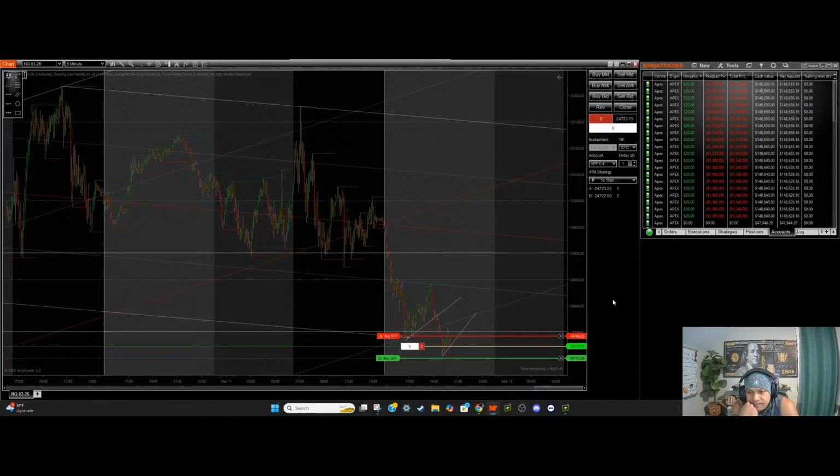Okay, can NQ give us that move? Got 2 contracts. We got a minute 35 seconds for this 5-minute candle to close. I think we can close below that trend line. We should have some continuation.